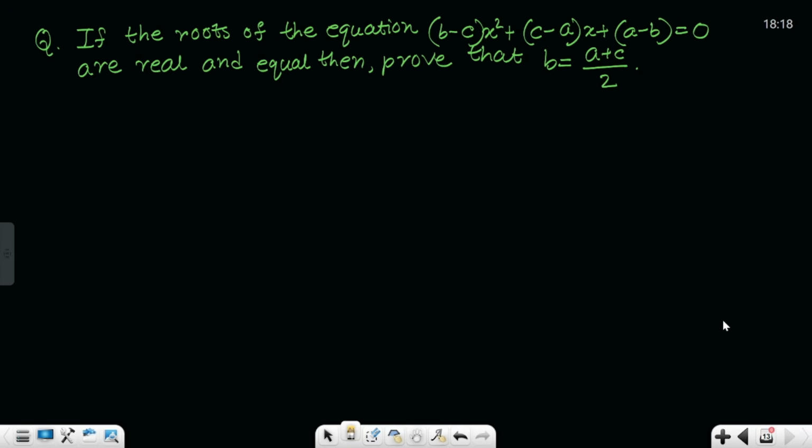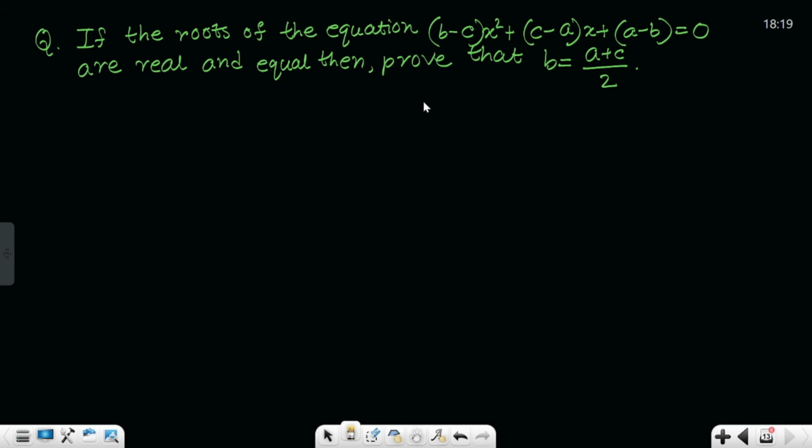Okay, so our question is this. It says, if the roots of this equation are real and equal, then prove that b is equal to a plus c by 2. Now, anyone can apply the b square minus 4ac equal to 0 formula, right?